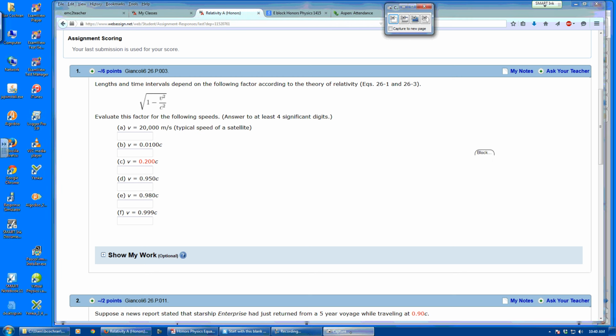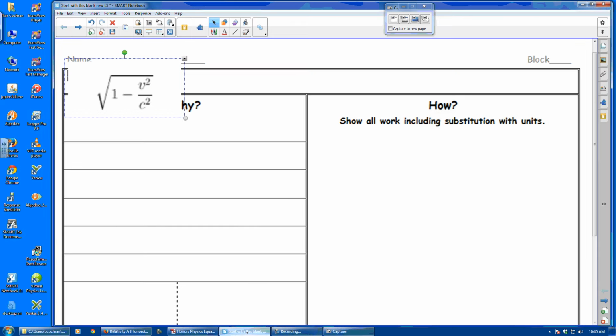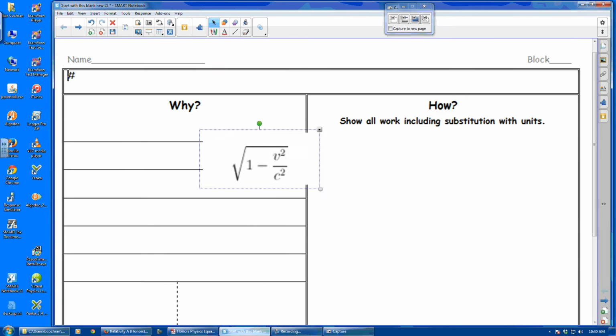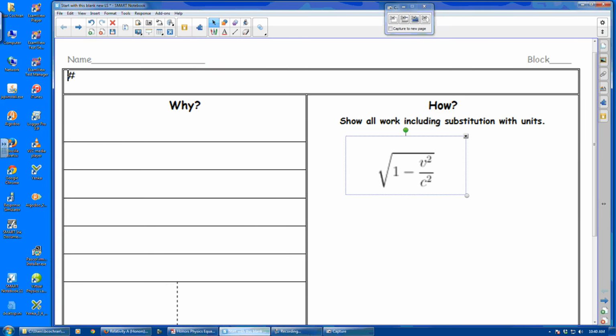So I'm going to just grab this factor that they ask us to evaluate. I don't have to draw it. And I'll drop that into my how.